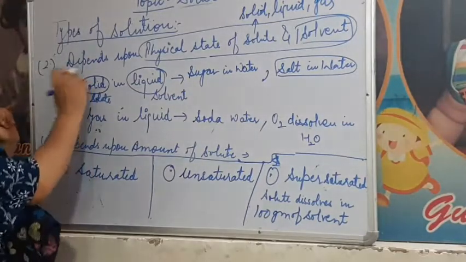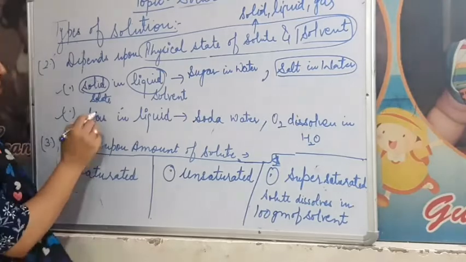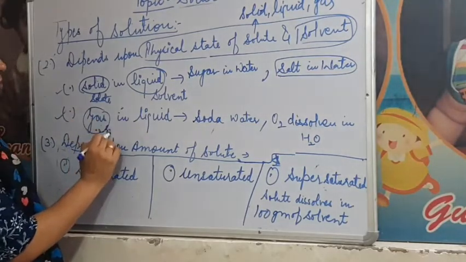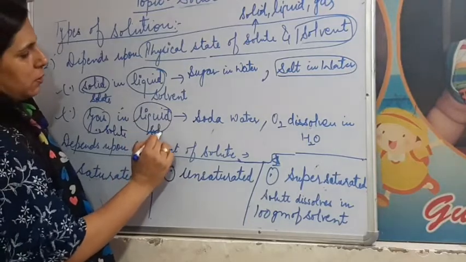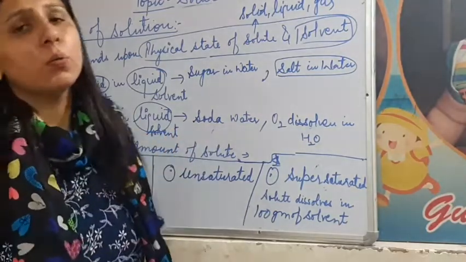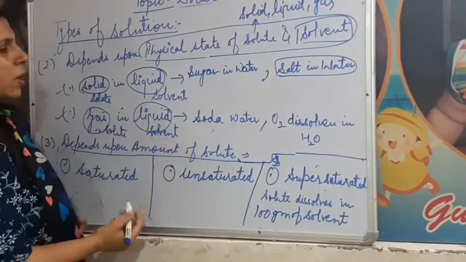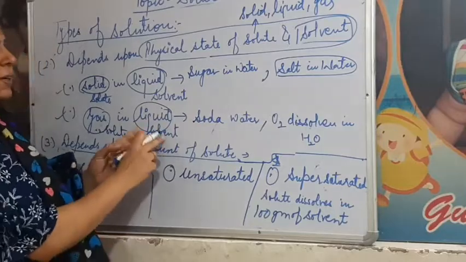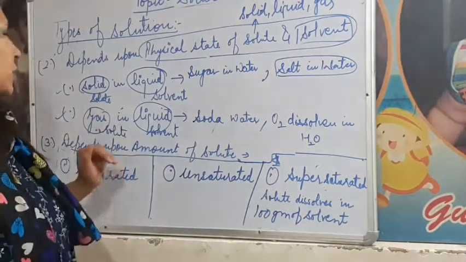The second category depends upon the physical state, gas in liquid. So gas is the solute and the liquid is the solvent. The first example again, soda water, where the main solvent is water. So the solvent is a liquid and the solute is carbon dioxide.